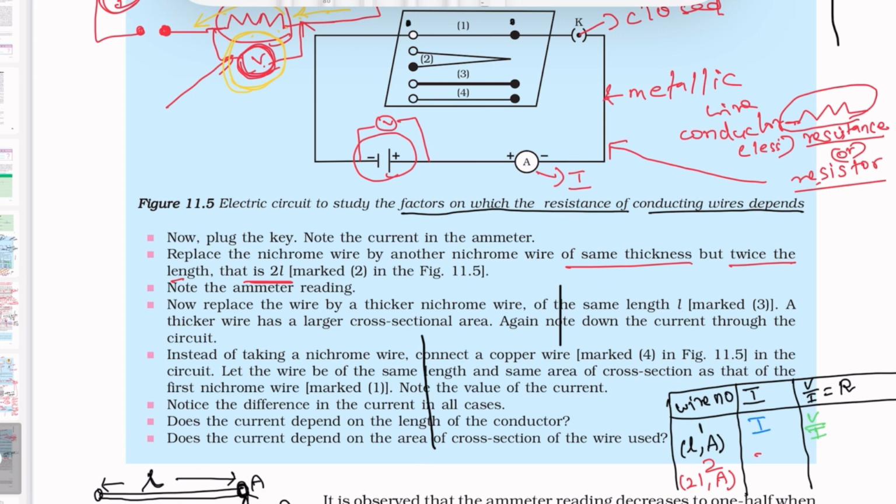Cross section area is also referred to as thickness. So L is 2L and the area is the same.